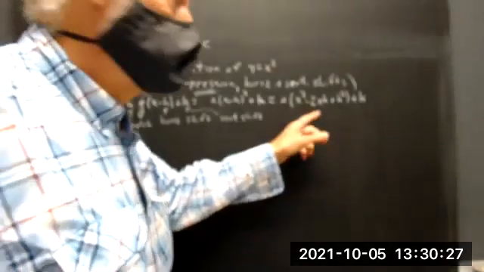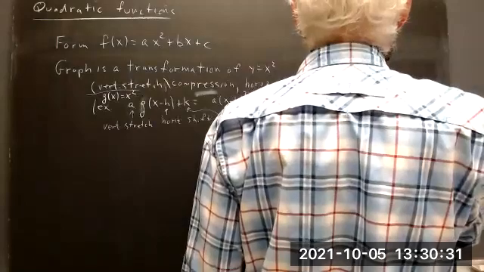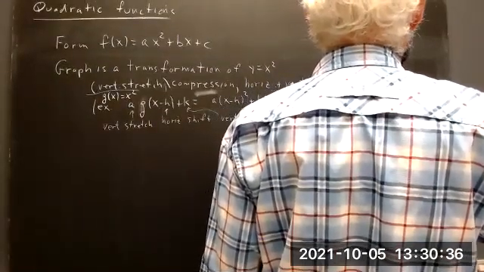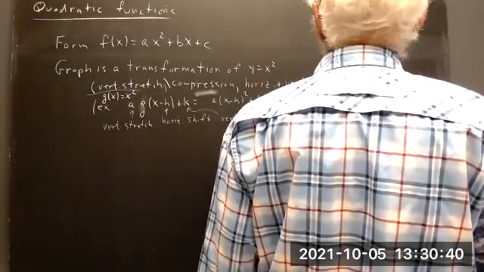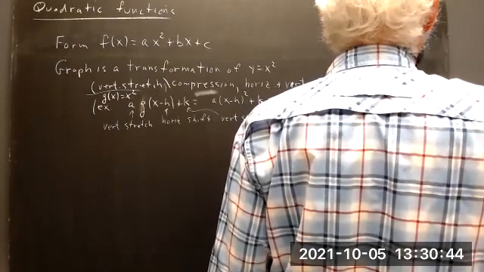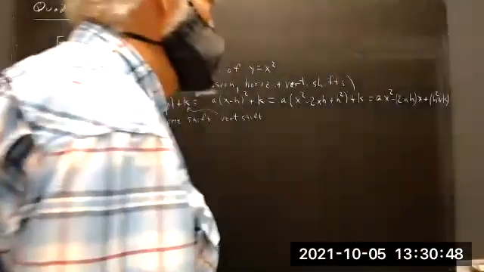Multiply that by the distributive law, and this is what you get. This is a x squared minus 2ah times x plus a h squared plus k.